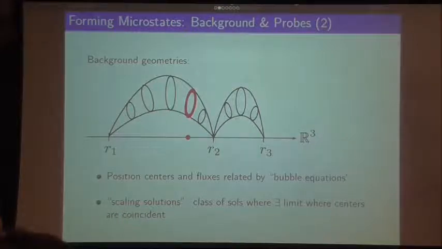So you're given a number of fluxes, you distribute them in a certain way, and then you can configure your centers to take a limit where they coincide. I'm not going to say anything more about these scaling solutions other than that they are important for black hole physics, or expected to be the most important kind of solution within this class for black hole physics.